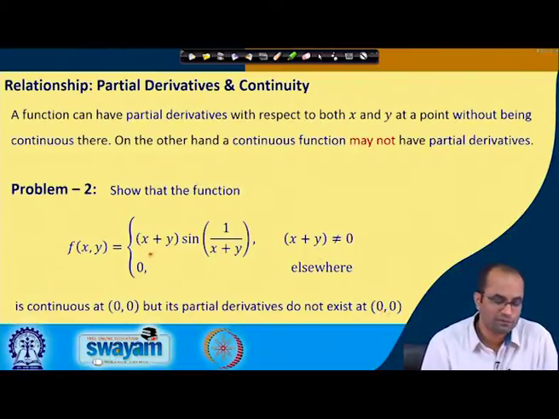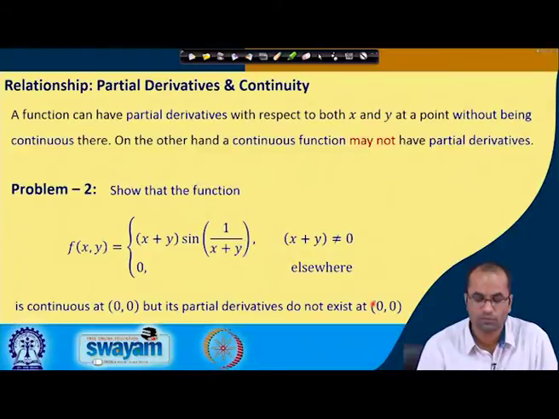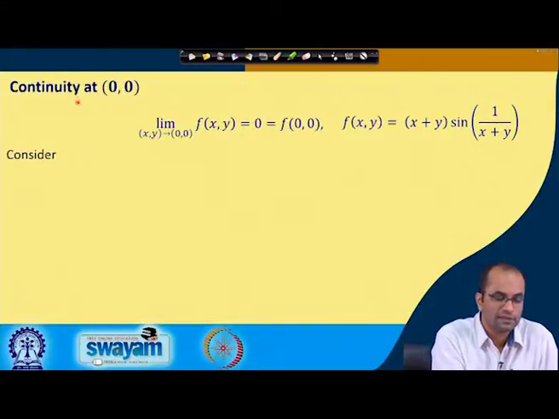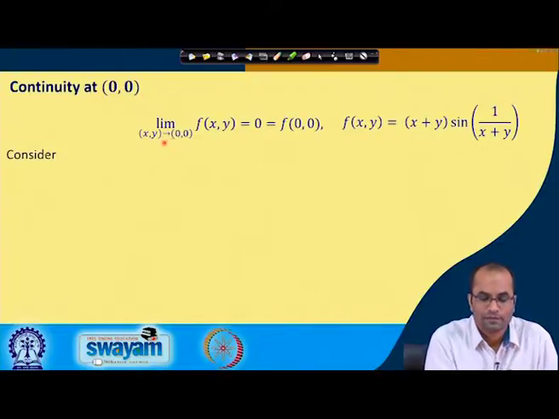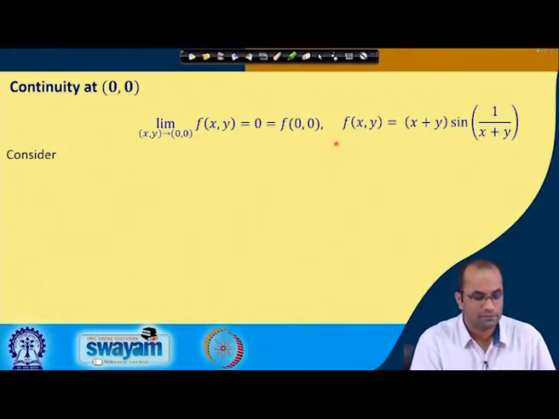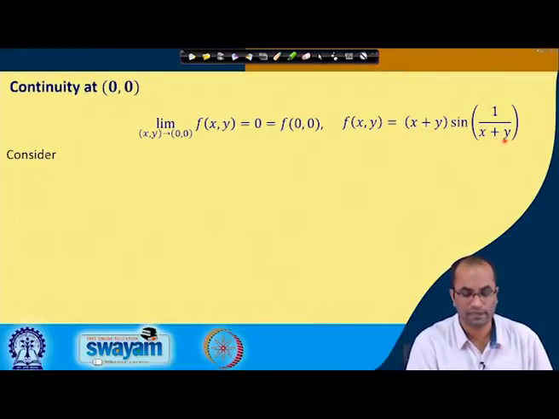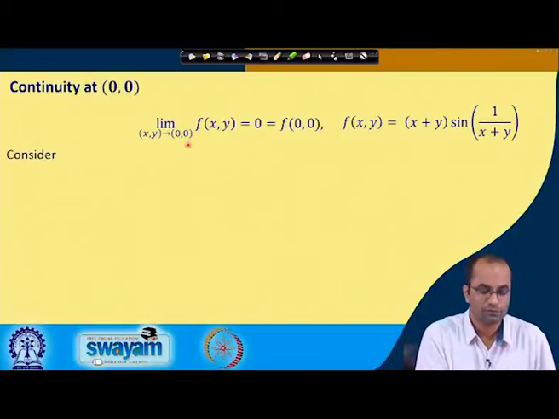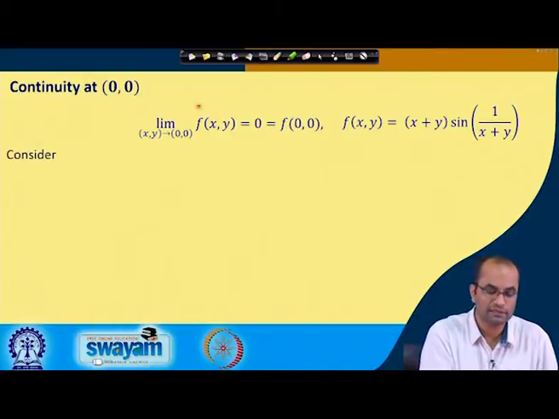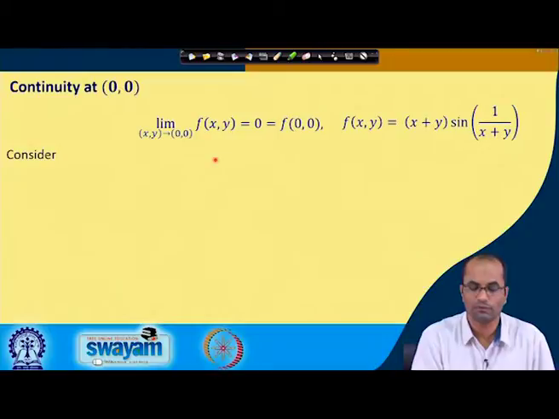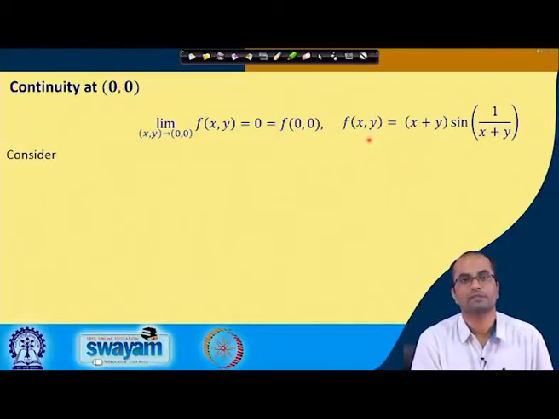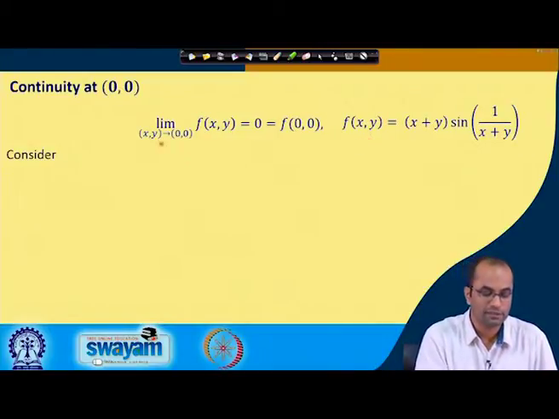So, that is one example which shows that the function is continuous, but both the partial derivatives do not exist at 0 0. So, let us check the continuity at 0 0. We have this function f x y is equal to x plus y sin 1 over x plus y, and we want to show for the continuity that if we take the limit as x y goes to 0 0 of f x y, then this limit is 0.